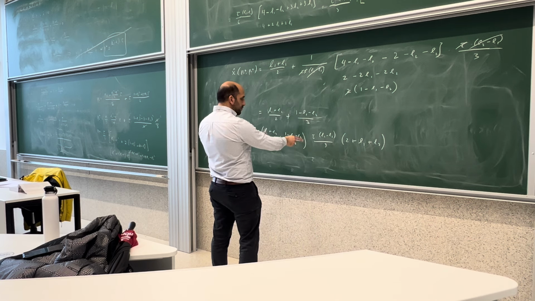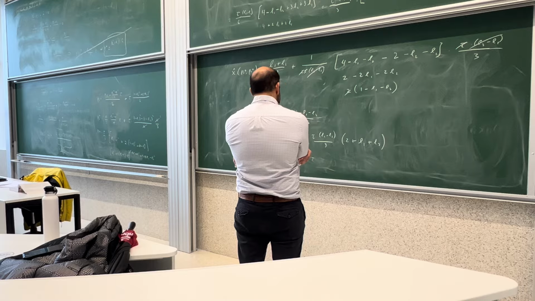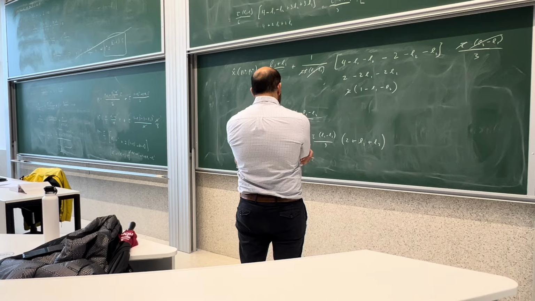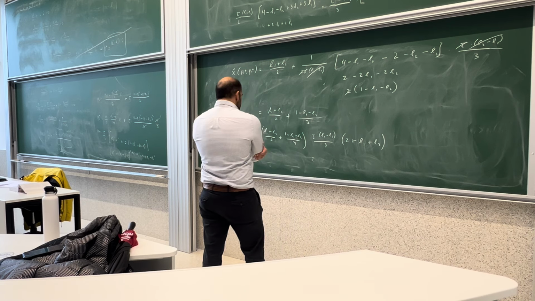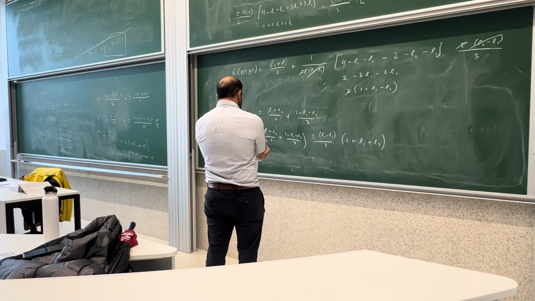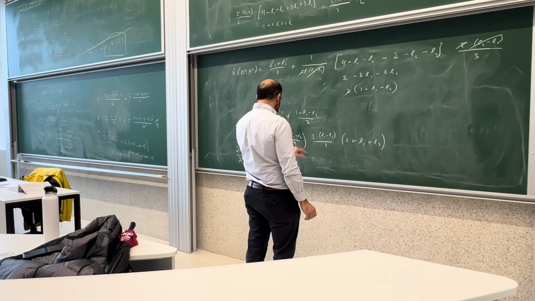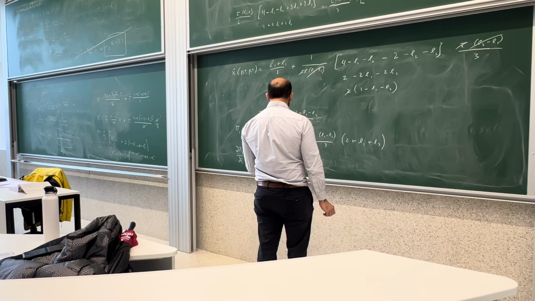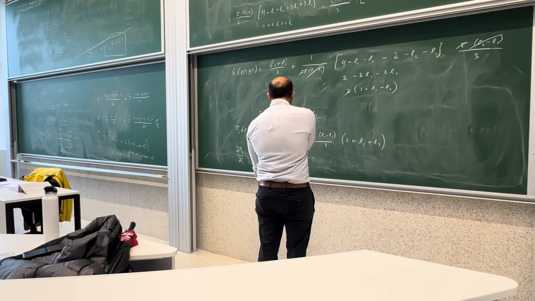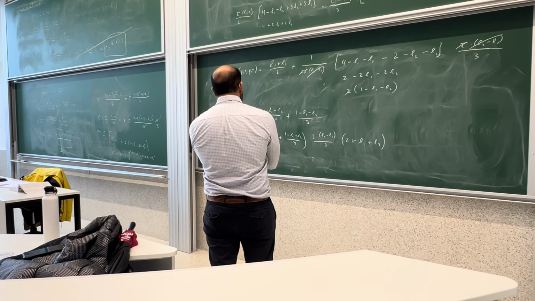It's going to be equal to the derivative of this times this, plus... can we simplify this further?